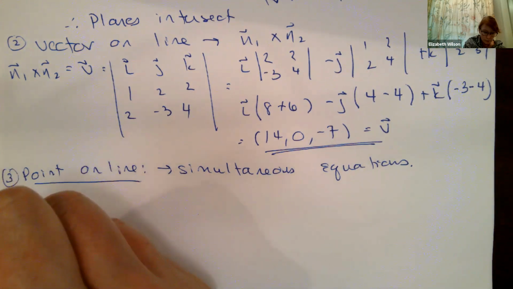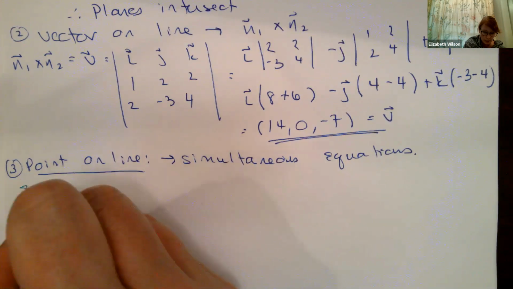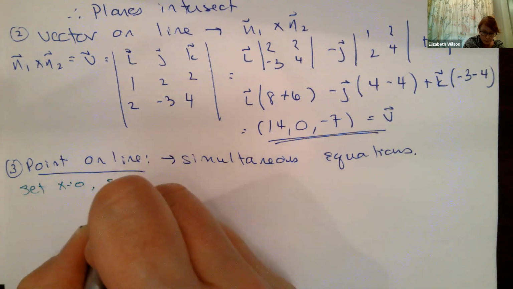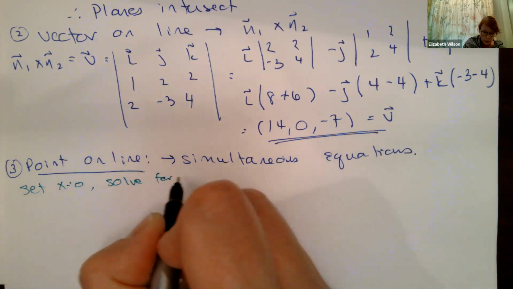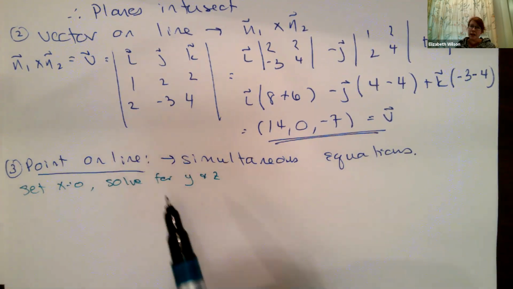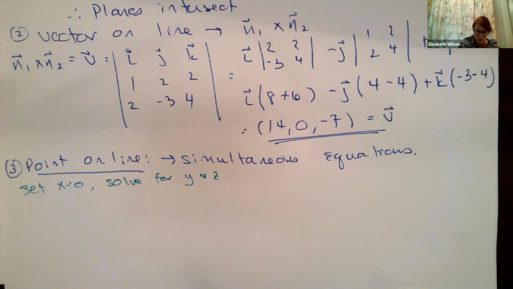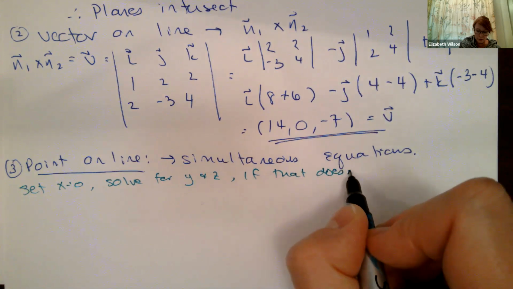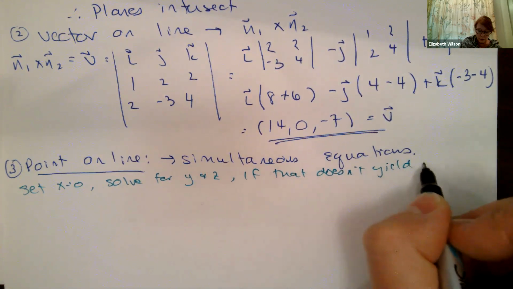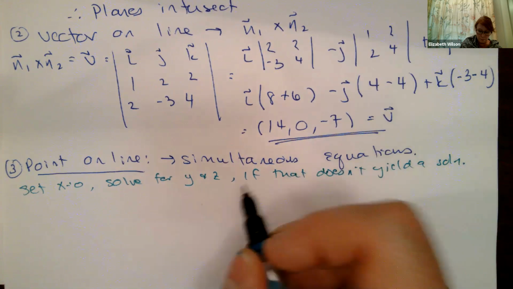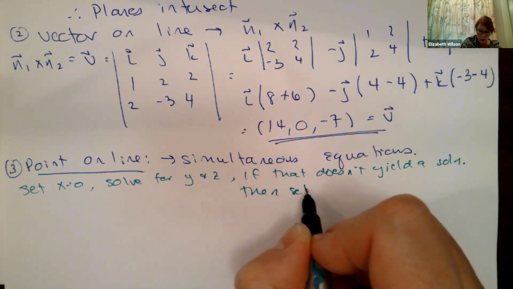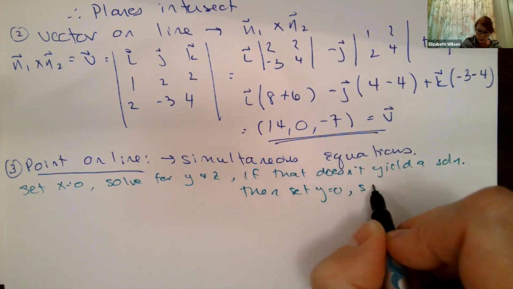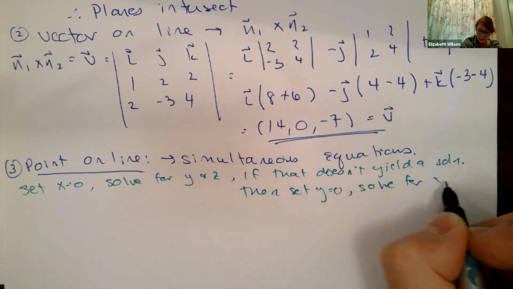So I'm going to set x equals 0 and solve for y and z, right? So I set x equals 0. Now I have 2 equations and 2 unknowns. If that doesn't yield a solution, then set y equals 0, solve for x and z.